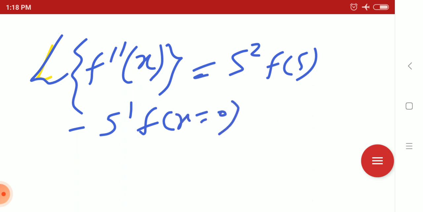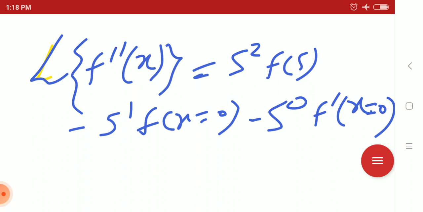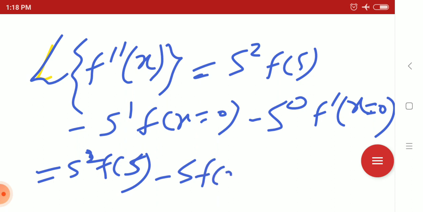Now 1 will be reduced, s to the power 0 f'(x) at x equals 0. So we will get s squared F(s), where F(s) is the Laplace transformed function of f(x), minus s f(0) minus f'(0).